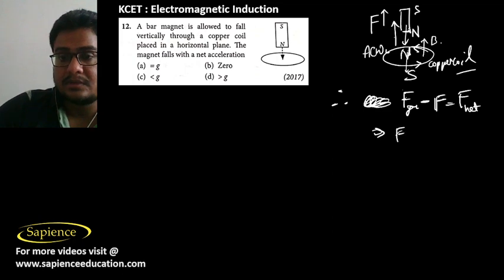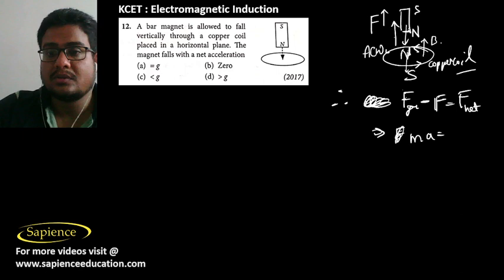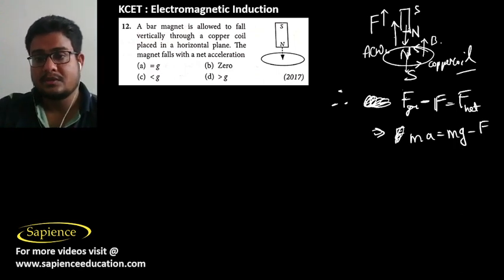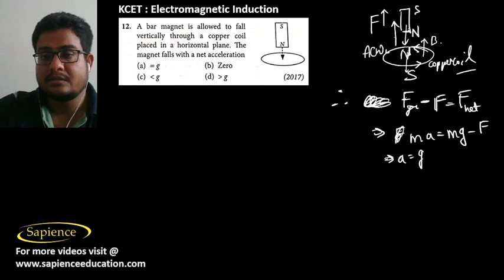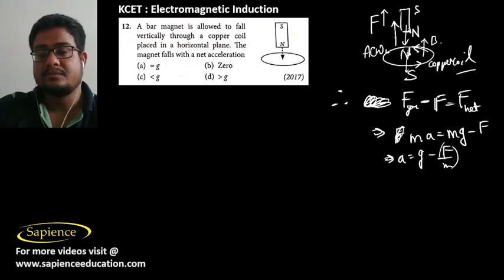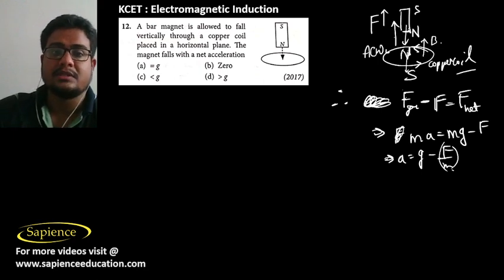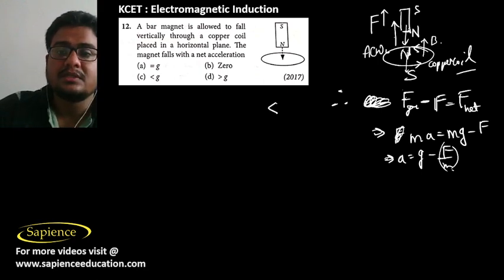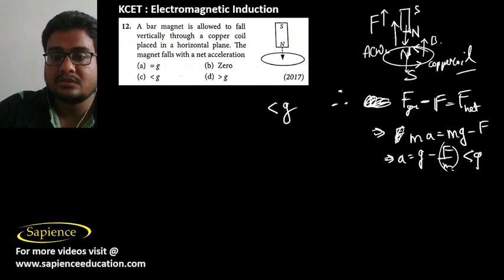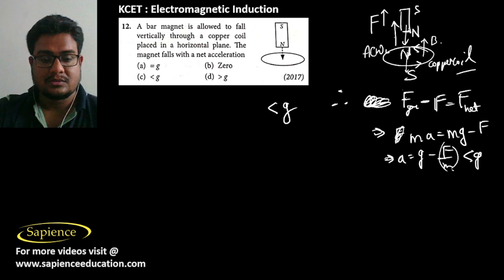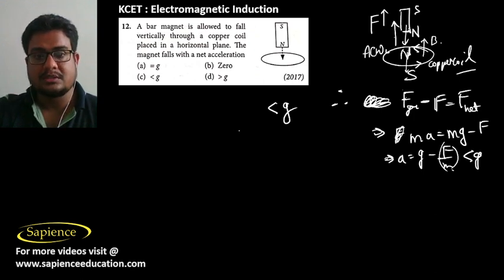So the net force, mass into acceleration, is equal to mg minus this repulsive force. Therefore I can write a equals g minus F by m. That means the magnet falls with a net acceleration less than g. C is the correct answer.